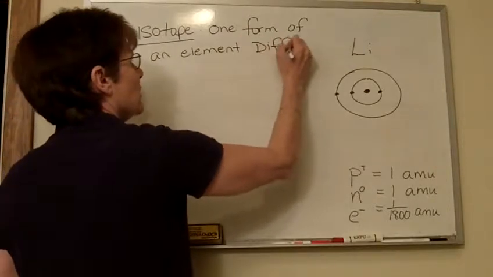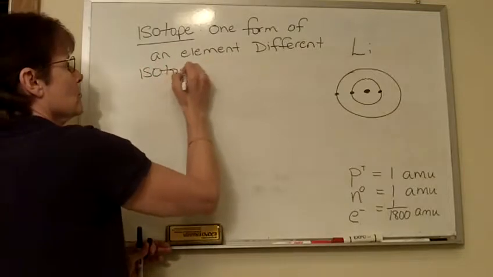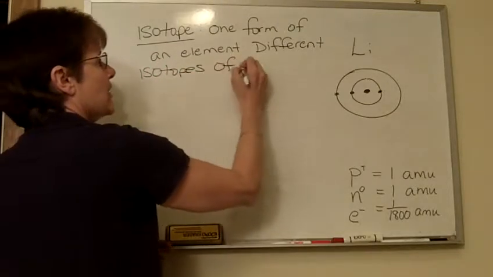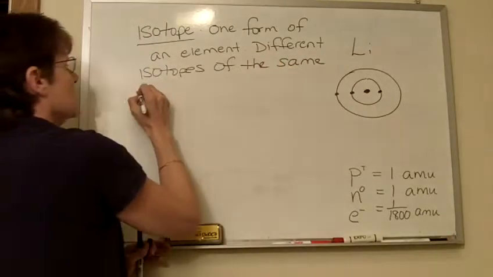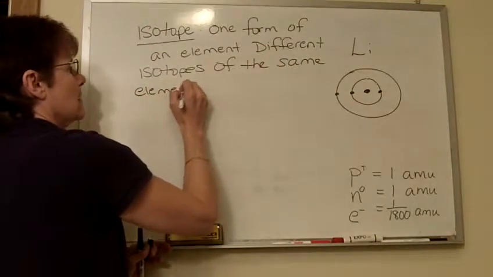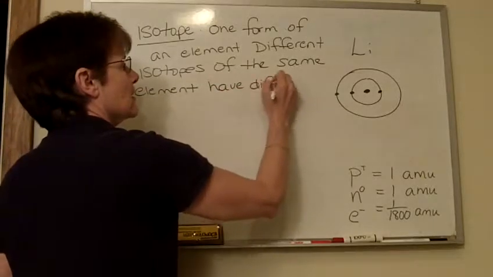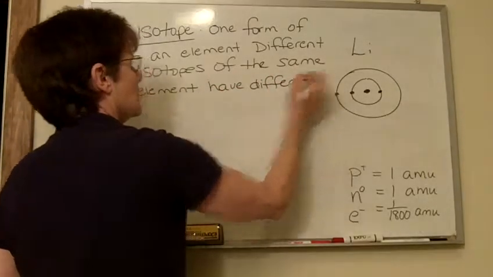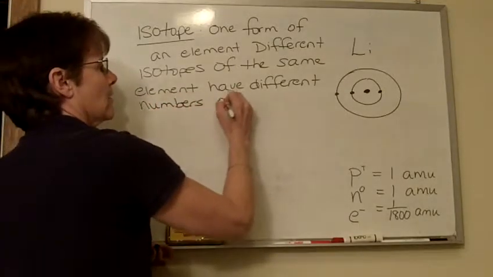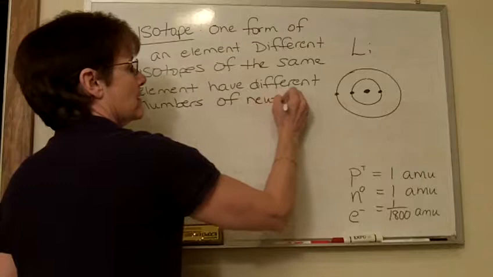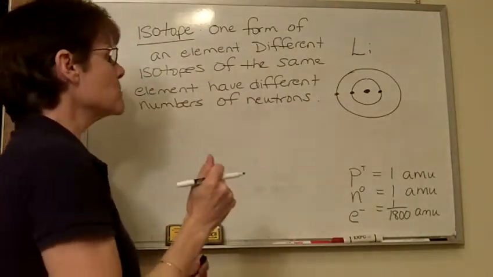Different isotopes of the same element have different numbers of neutrons, but of course the same number of protons.